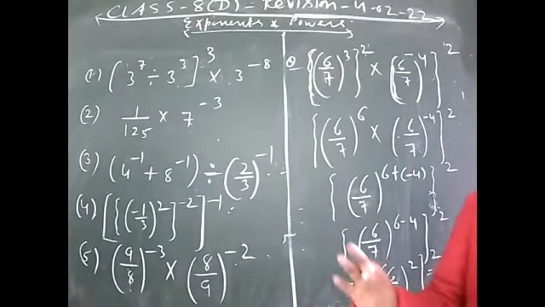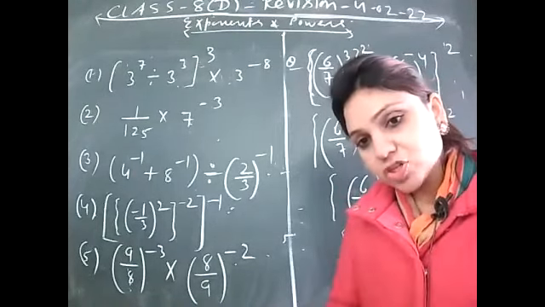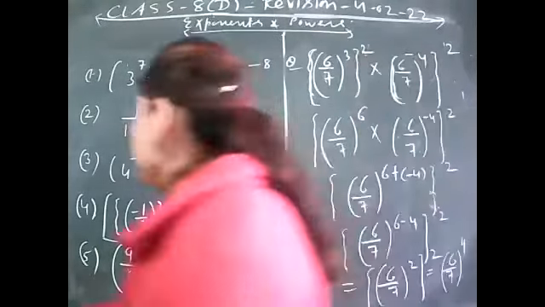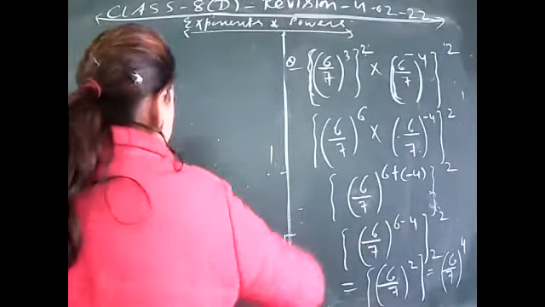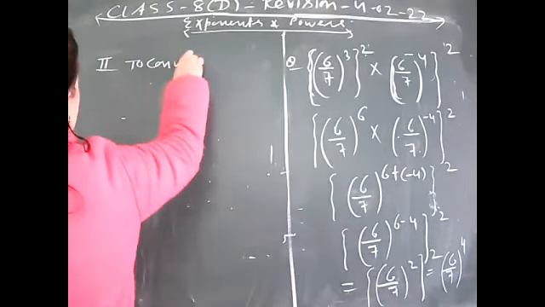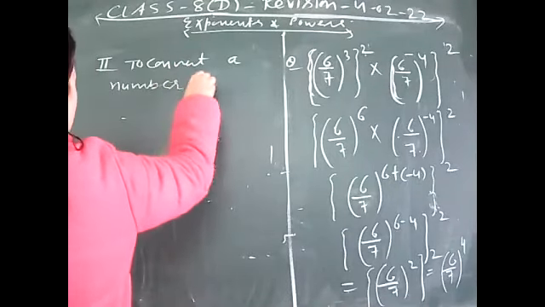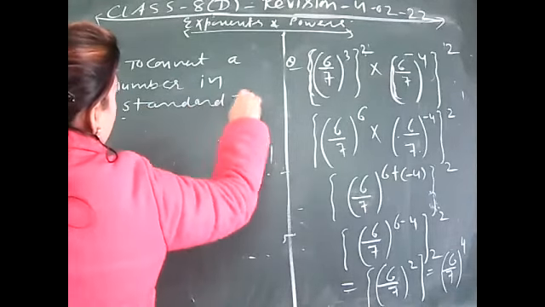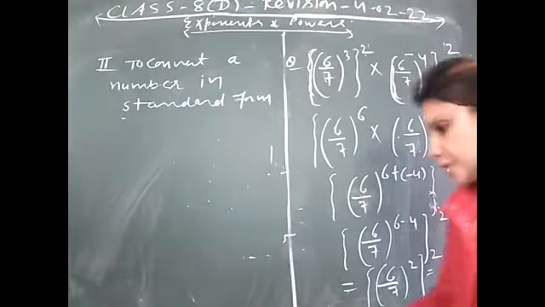So this is the first concept of the chapter. That means we have done the question related to simplification using the laws of exponent or directly. The second concept of the chapter is to convert a number in standard form.